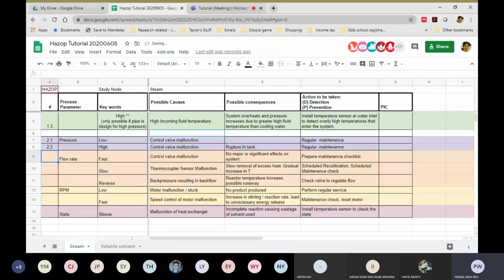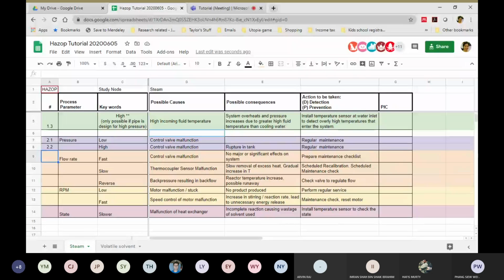Okay, so the next process parameter will be pressure, which can be divided into two cases, obviously low pressure and high pressure. For low pressure, one possible cause of low pressure would be the control valve malfunctioning.